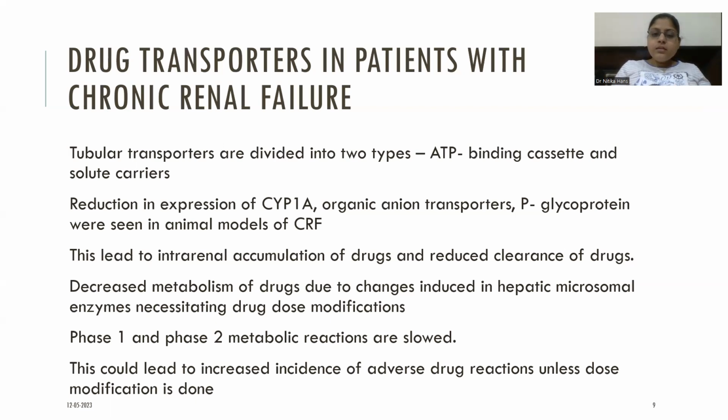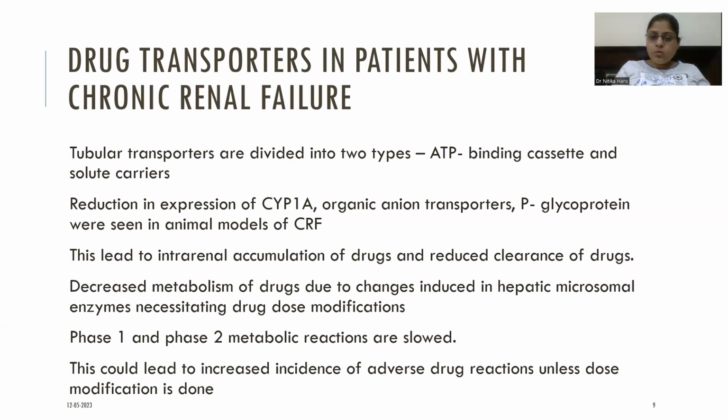And there can be decreased metabolism of the drugs due to changes induced in hepatic microsomal enzymes, necessitating drug dose modifications. I've already told you that uremia will affect hepatic enzymes, and that will lead to decreased metabolism. And so this will require dose modifications. Phase 1 and phase 2 metabolic reactions are slow.